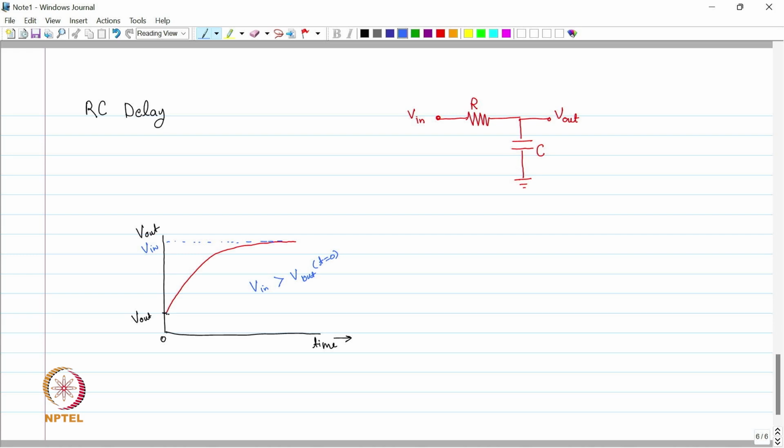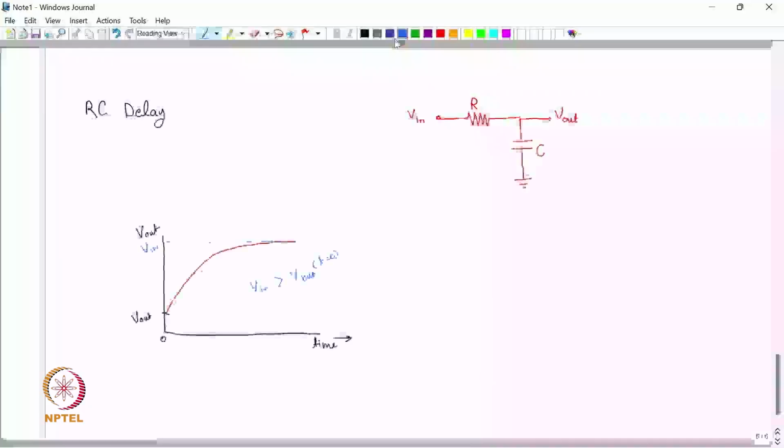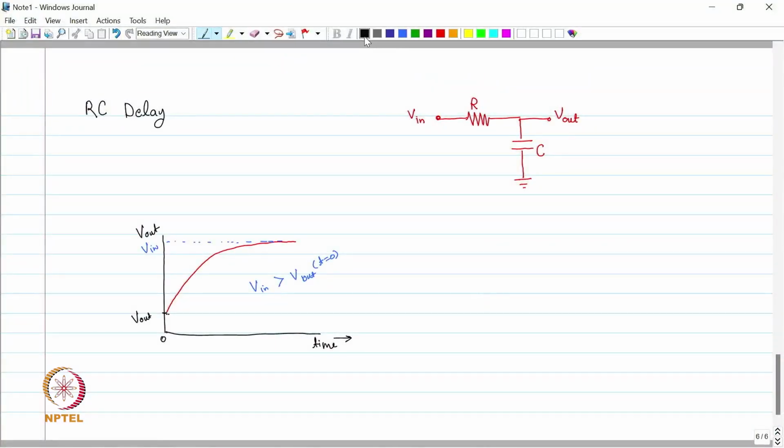The other case is when the output voltage is already high and we are bringing it down by applying a low input at the input voltage. This is our V out at t equal to 0.